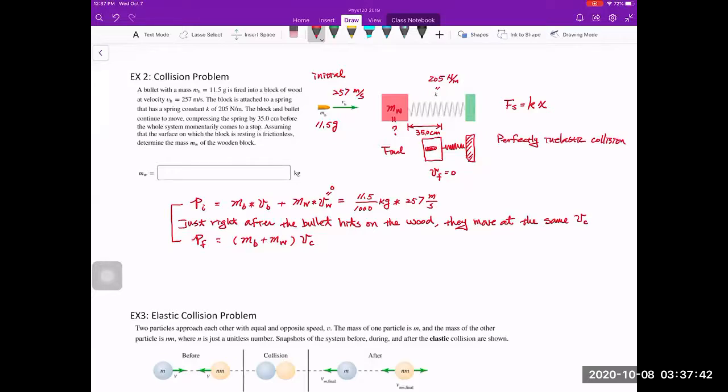What happened after the collision? After the collision, you are going to have a change of energy, because at that moment the wood block is moving with a speed, which gives you kinetic energy, and the spring is also going to store some of the energy, which is what we call the potential energy.